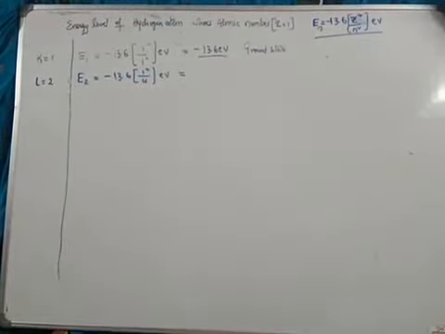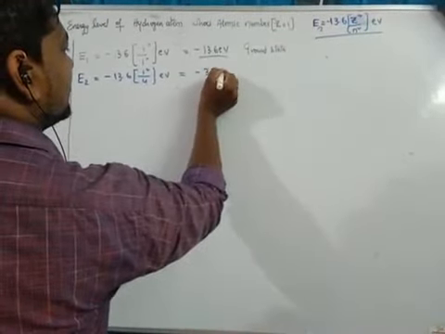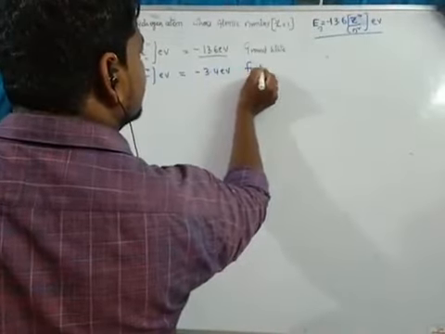If you calculate this value, we get minus 3.4 electron volt. So this will be the first excited state.